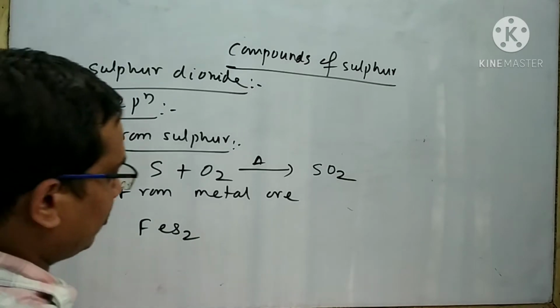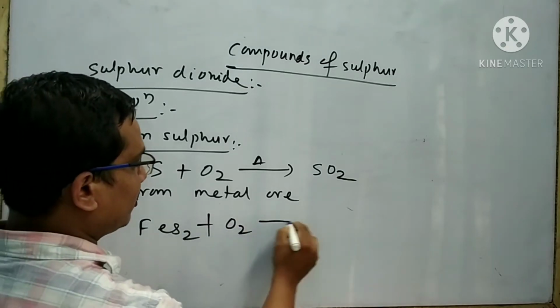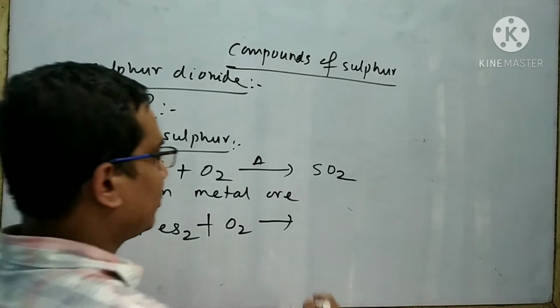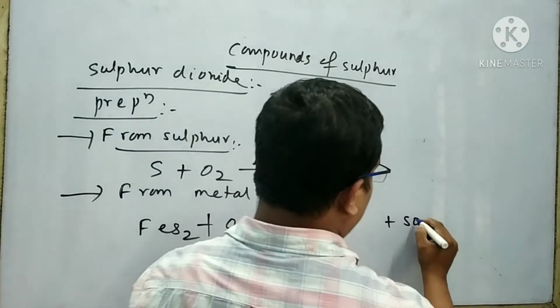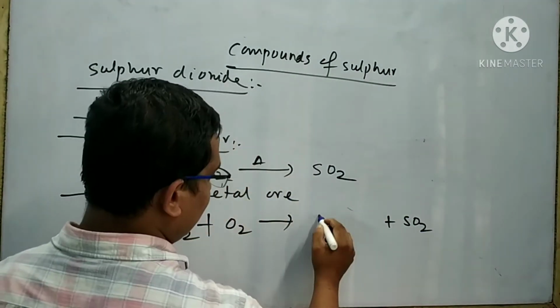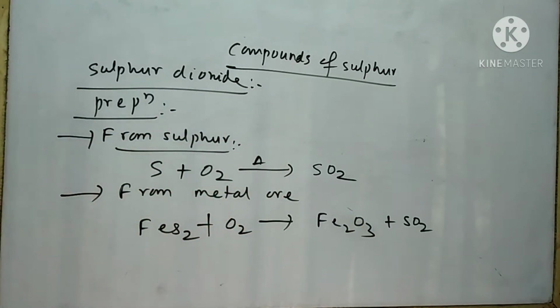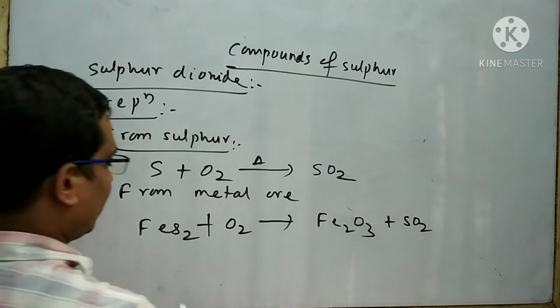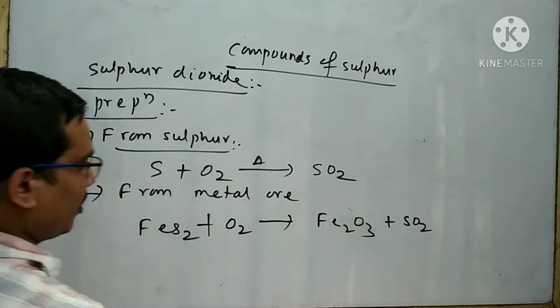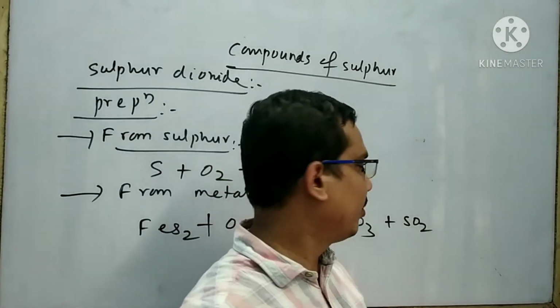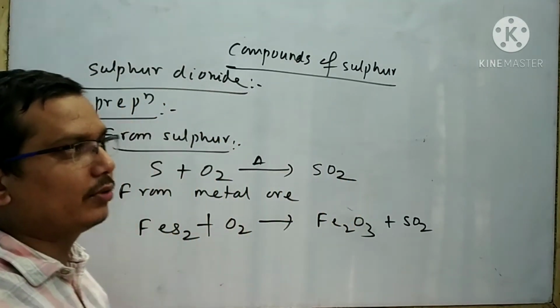When FeS2 reacts with oxygen, sulfur dioxide is formed. Here ferric oxide is also formed. So the reaction can be written like this: FeS2 plus O2 gives Fe2O3 plus SO2.